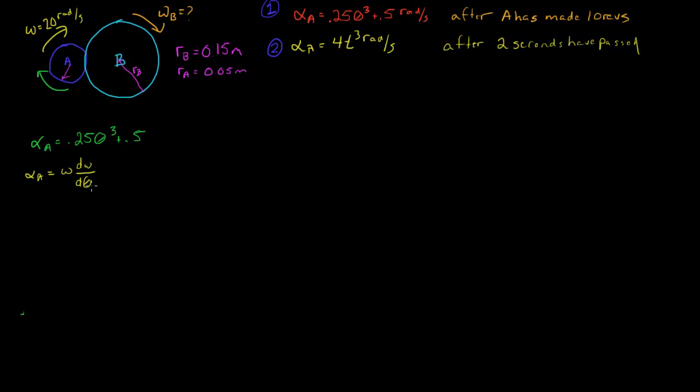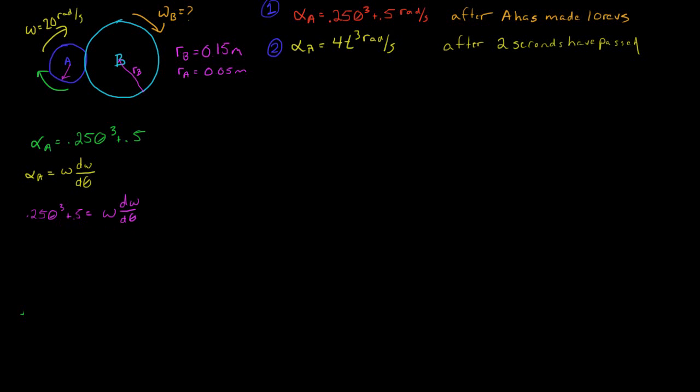We can use this equation because this d theta is what the angular acceleration is a function of. So if we substitute in our expression for the angular acceleration, we get 0.25 theta cubed plus 0.5 is equal to omega times d omega over d theta.